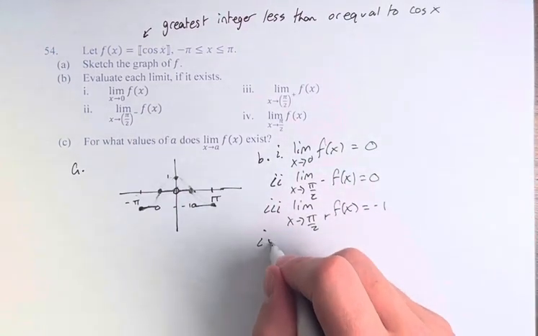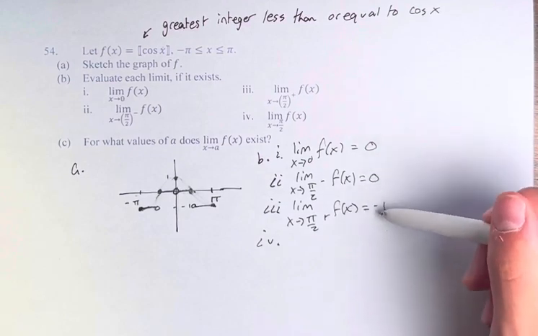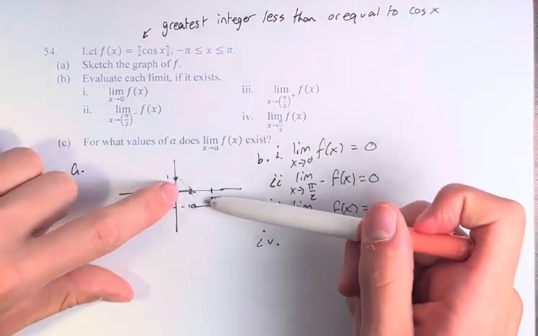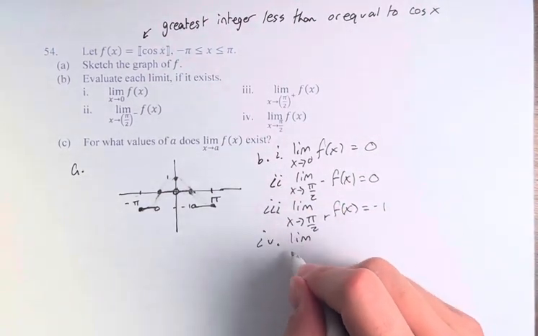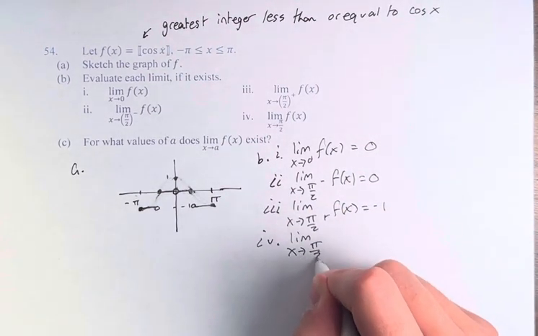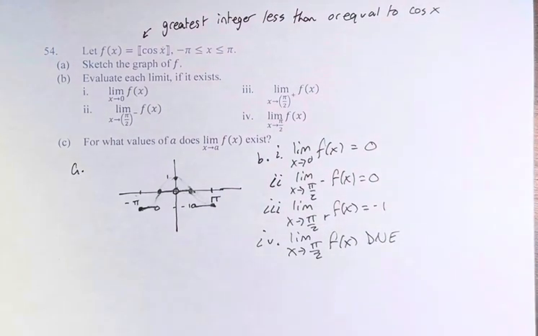And therefore, we can say that since from the left and the right, they don't match each other, right? 0 does not equal negative 1. If we look graphically, they're not approaching a similar point from both directions. We can say that the limit as x approaches pi over 2 of this function, DNE, does not exist.